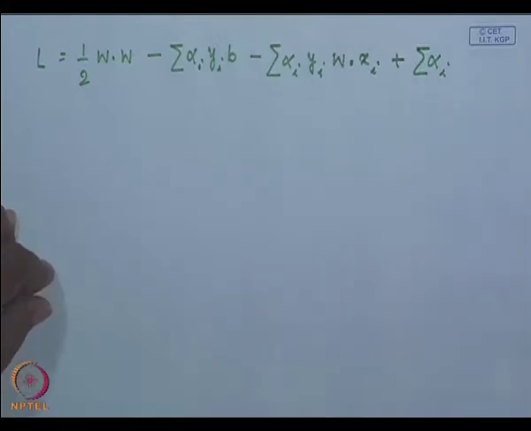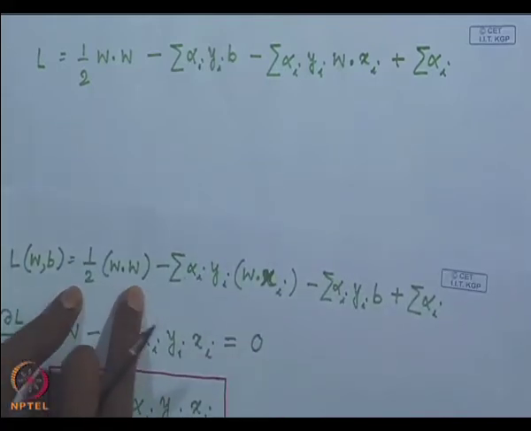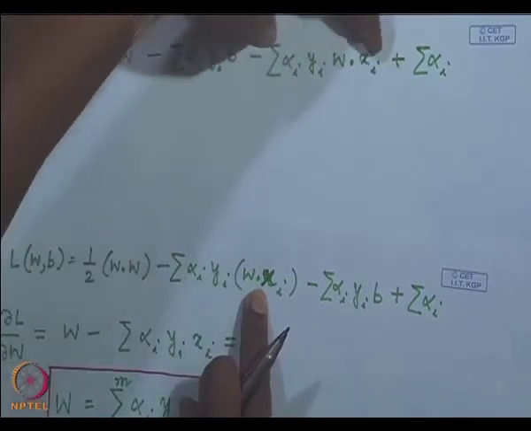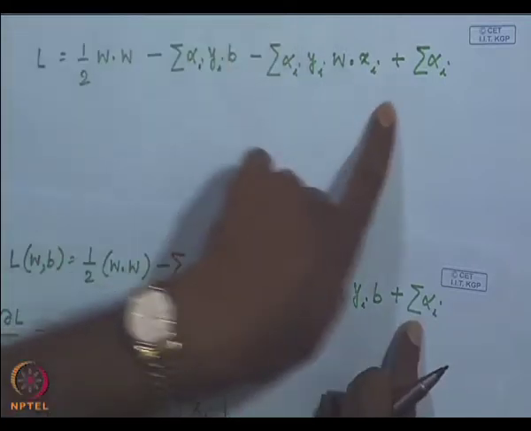So, in the expanded form, this is half of w dot w minus alpha_i y_i w dot x_i, that is this term, minus sum of alpha_i y_i b, which is this term, plus sum of alpha_i.